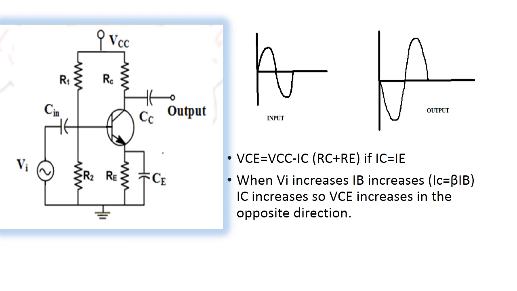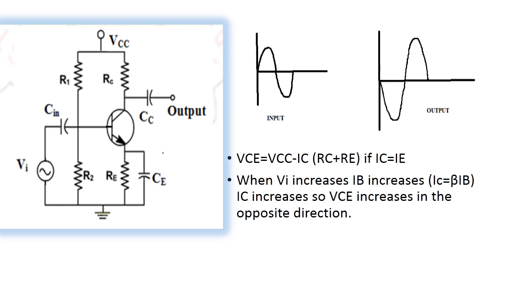So in the output loop, you can see the voltage is VCC. IC into RC is the voltage drop across RC. IE into RE is the voltage drop across RE, and VCE is the voltage between collector and emitter. So by taking KVL, VCE is equal to VCC minus IC into (RC plus RE).